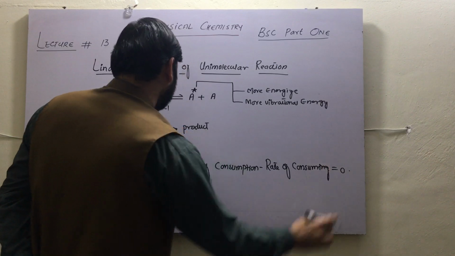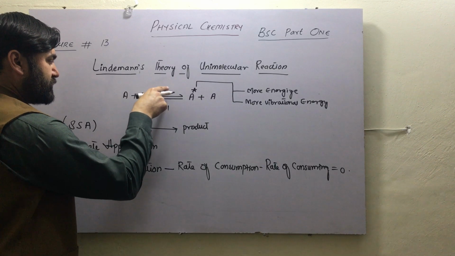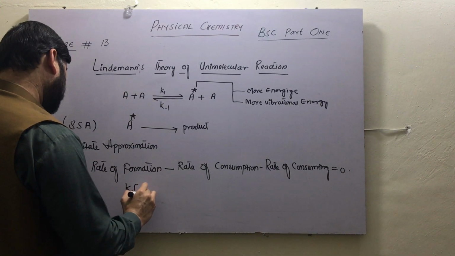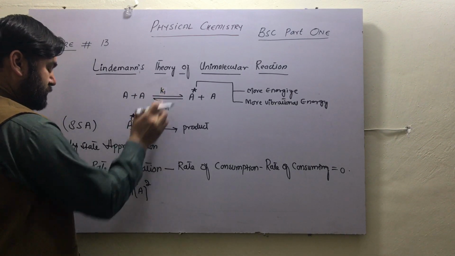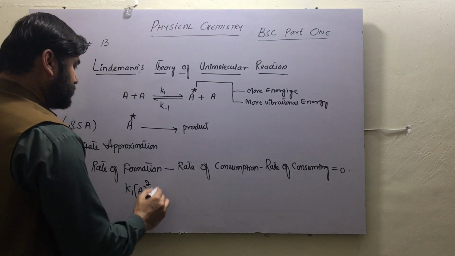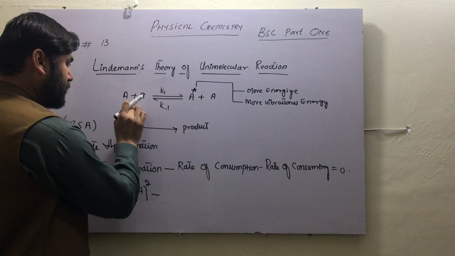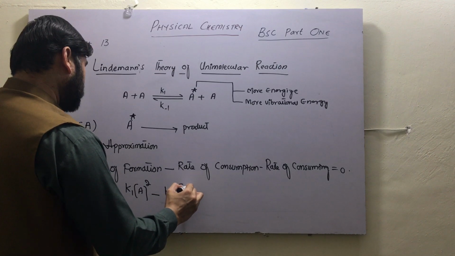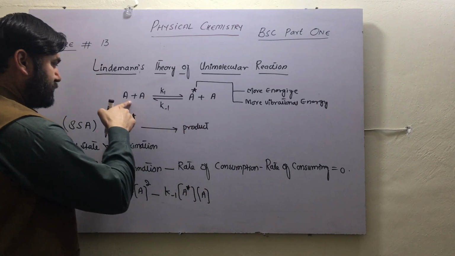So here the rate for the first reaction is k1 A square. A square means these two will form A star, the rate is k1 for the forward reaction, minus, now these two will react to form again the reactants, with rate k minus 1, A star reacting with A, because this is reversible.